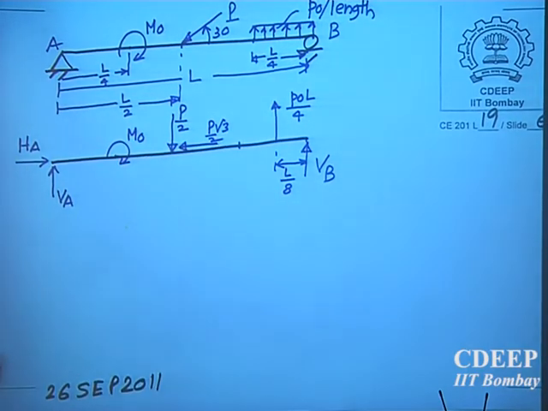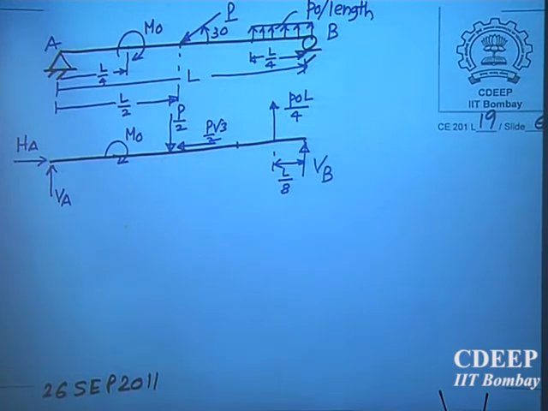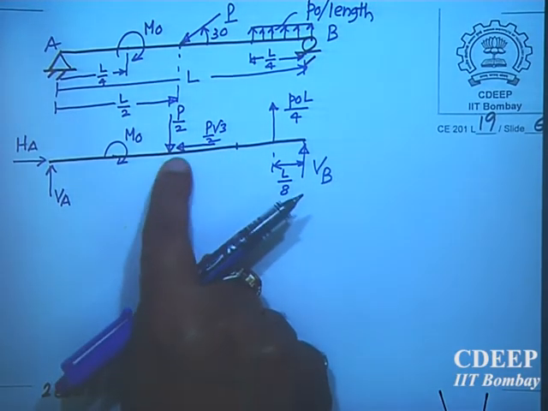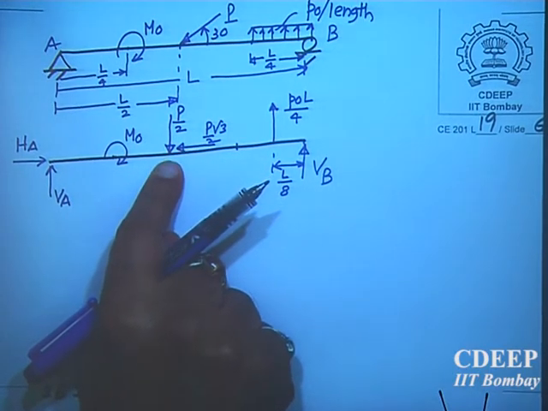So yes, I can find out the reactions. I can take equilibrium and then find out. There are 3 unknowns. You should be able to find out the reaction. And please draw. Now you will note here that there will also be axial force here, because there is an axial force applied. Yes.